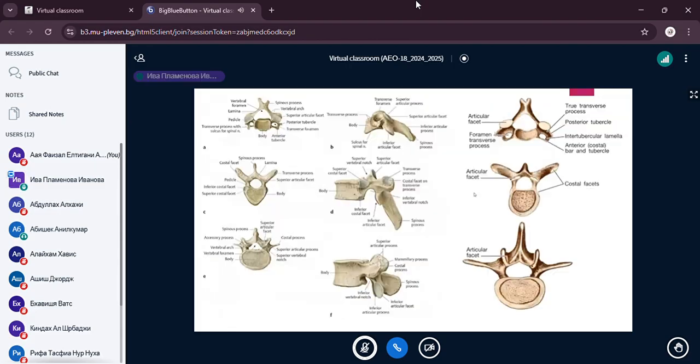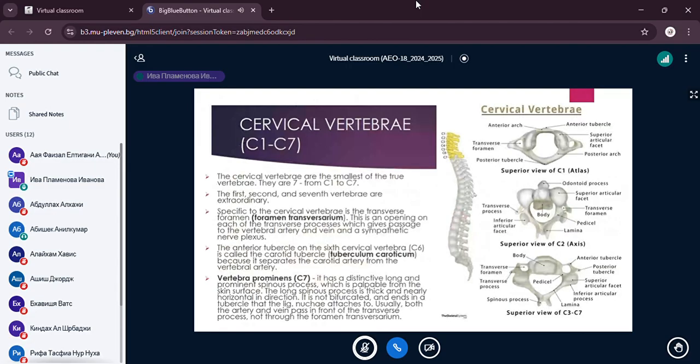But here, C1, I told you, doesn't have a body, doesn't have a spinous process. It has only a posterior arch, an anterior arch, and the 2 lateral masses.